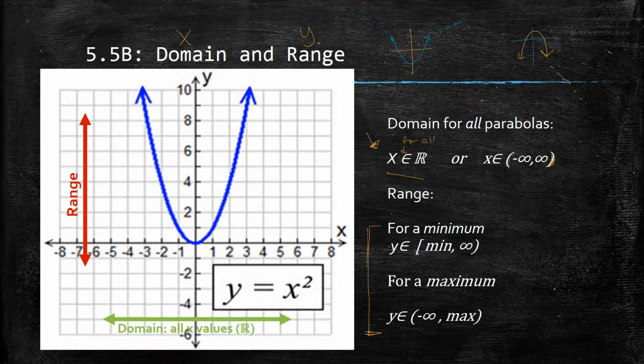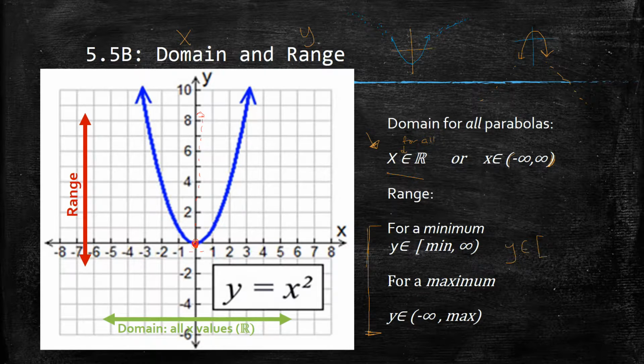Remember that when your parabola opens upward, your vertex, like in the example here on the graph, is a minimum, okay, because that's your minimum value or your lowest value for y. So if you're looking at your parabola, it stops right there at that vertex, but it'll continue in the positive direction upwards. So if we were to write our minimum, we have all of our values for y.